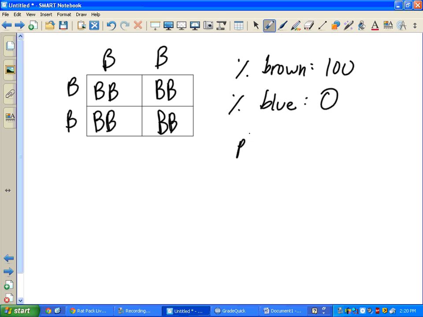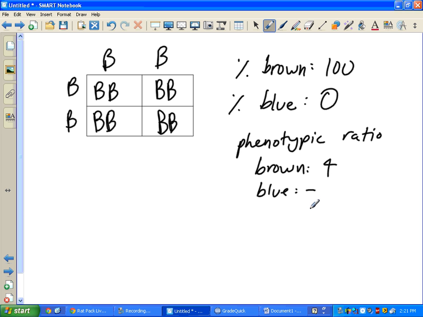Right? Now if I want to do a phenotypic ratio, since we're on phenotypes, okay, remember we list all the phenotypes we have. So all we have here is brown, and I have 4 of them. And I don't have any blue, so I just put a line, like NA. Alright? Now, this is a weird thing about ratios that end up being just all the same.